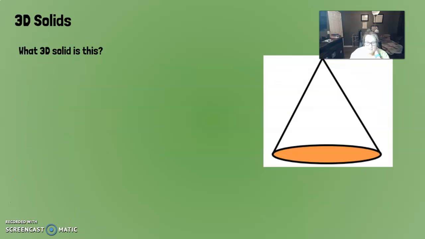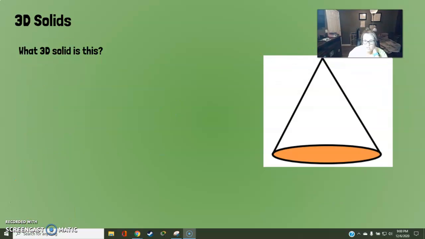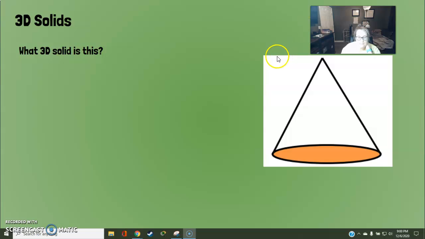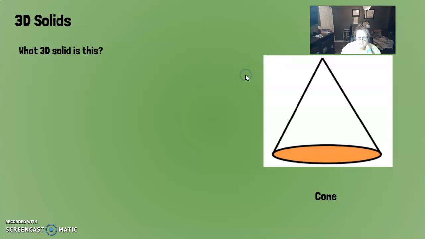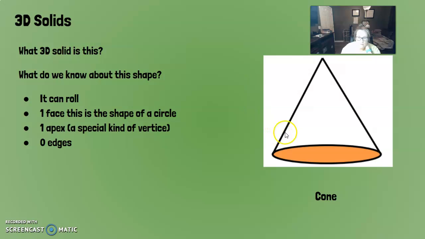Our next one is this 3D solid. What shape is this? If you said it's a cone, you are correct. So let's think about it. What do we know about a cone? Well, I know that a cone can also roll. It doesn't roll as well as a sphere, but it still can roll.